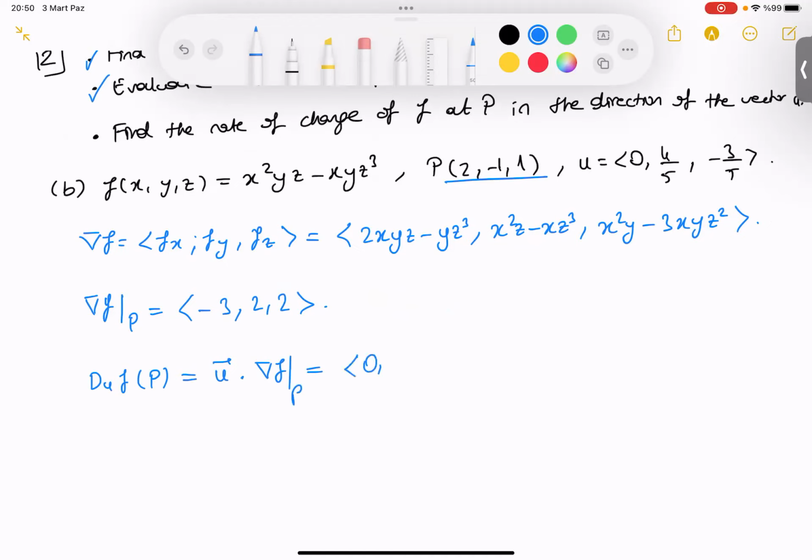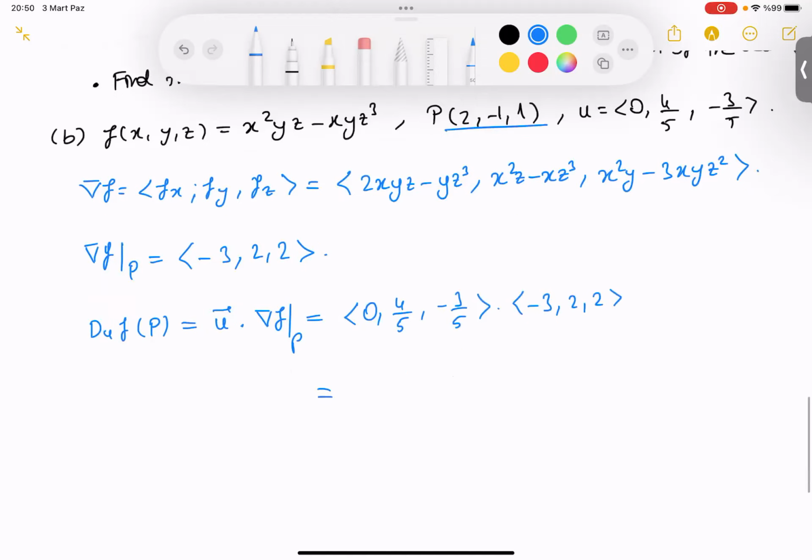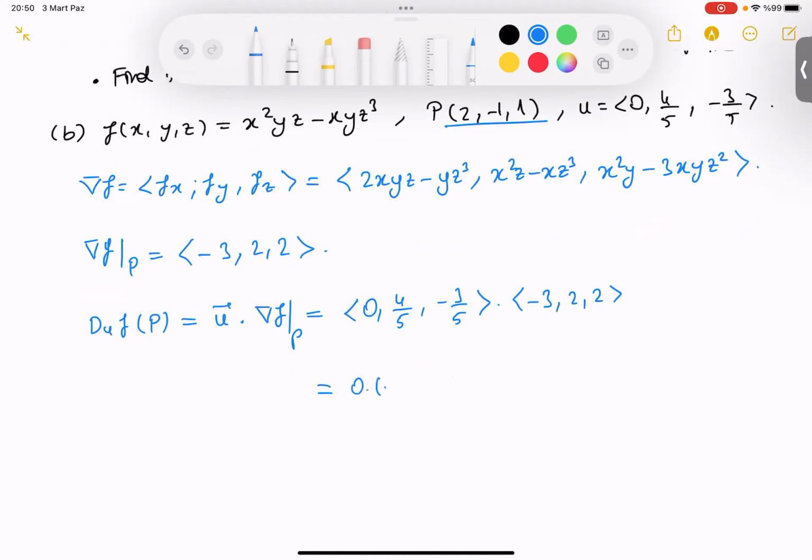U is 0, 4/5, -3/5. And the gradient of f at the point P is, we just computed that, is this. Again, dot product, you will get 0 times -3 plus 4/5 times 2 plus -3/5 times 2. And you will get 2/5.